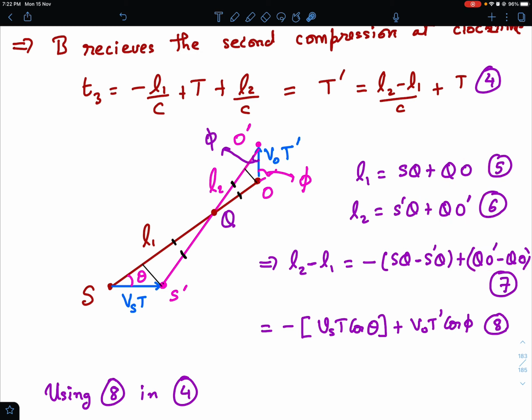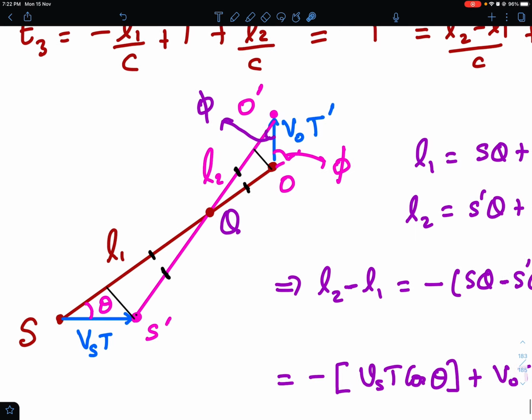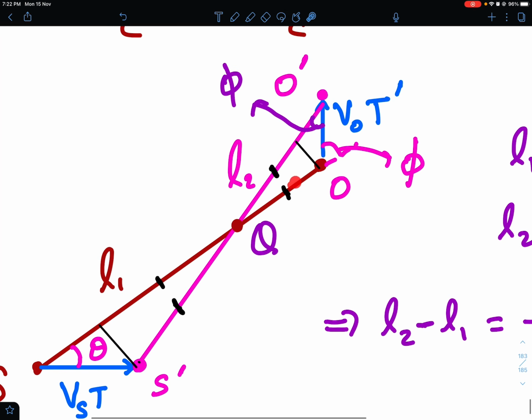Okay, so QO prime minus QO. I'm sure now all of you know the compass technique. You place your compass over here and put an arc over here. If you put an arc there, then these two lengths become equal and this is the extra length, right? So QO prime minus QO will be simply what? Now follow me very carefully. Let me enlarge this.